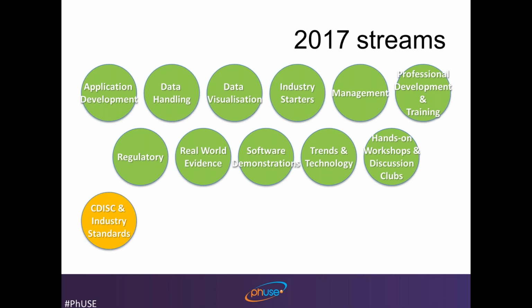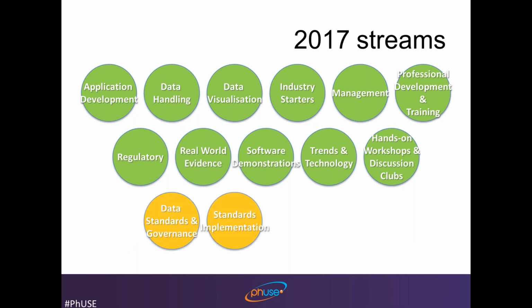And a very significant change, which Mikael will talk to you about in a bit more detail later, is that we're dropping the CDISC and industry standard stream, but we're replacing it with 2 new streams, which are data standards and governance and standards implementation. And as I said, Mikael will talk to you about this in a bit more detail.